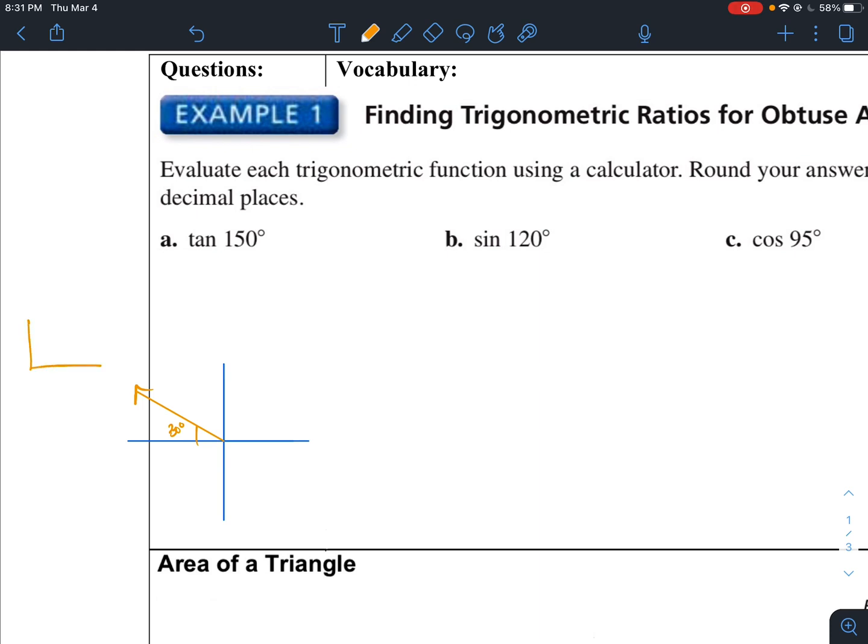So if we drew a 30-degree right triangle, it would give us the sides of 1, 2, square root of 3. This would be negative. Now, tangent of 150 degrees in this situation would be 1 over negative square root of 3. And then if you rationalize the denominator, that becomes negative square root of 3 over 3.